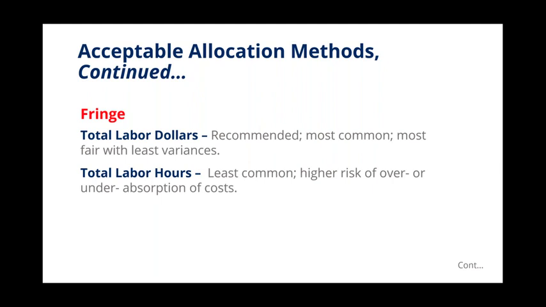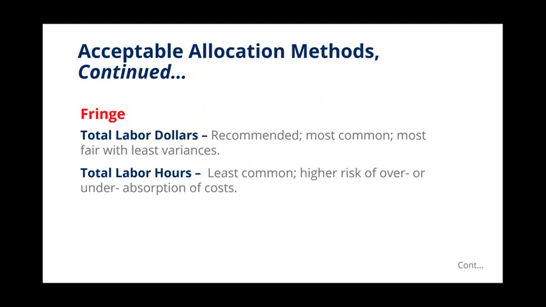Without diving too deep into the math here, if you think about a situation where you have a lot of salaried or exempt employees, those labor dollars are going to remain fairly stable. But if you have direct employees who are salaried, again, or exempt, and the amount of direct hours that they're working fluctuates significantly over time, those fluctuations in the number of hours could cause problems from an absorption perspective, whereas the total labor dollars would otherwise remain fairly stable.